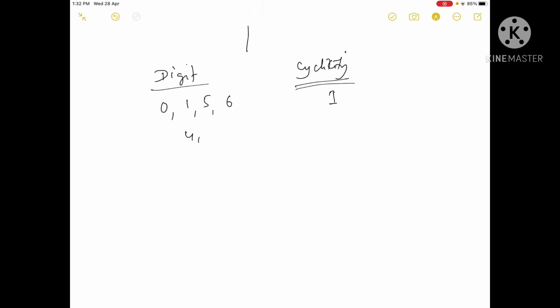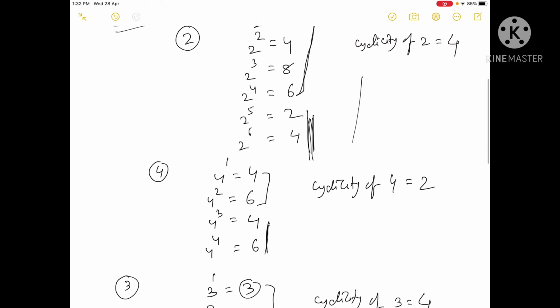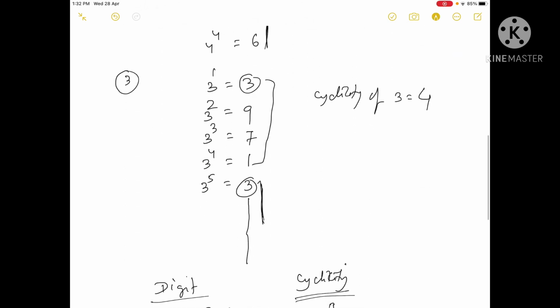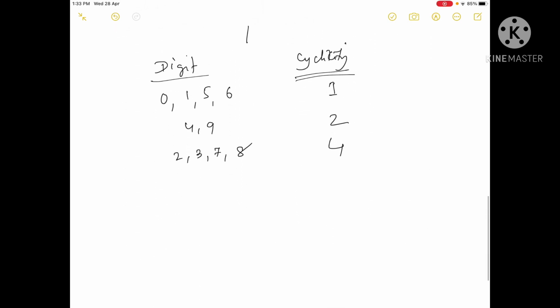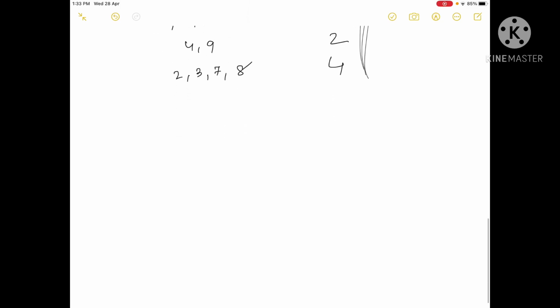If the digits are 4 and 9, the cyclicity is 2. If the digits are 2, 3, 7 and 8, the cyclicity is 4. By a similar procedure, we can find the cyclicity of any number from 0 to 9. Using this concept of cyclicity, we will proceed to find the unit digit in exponential form.